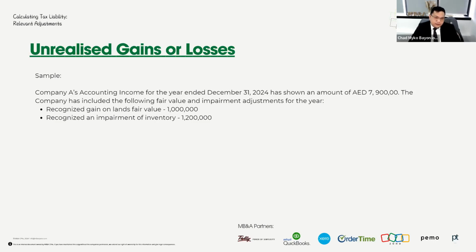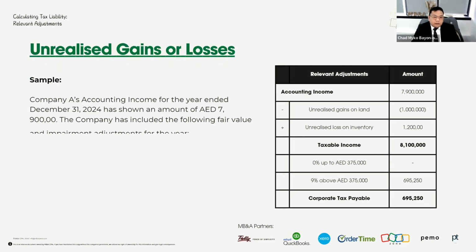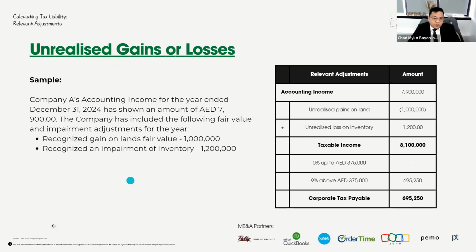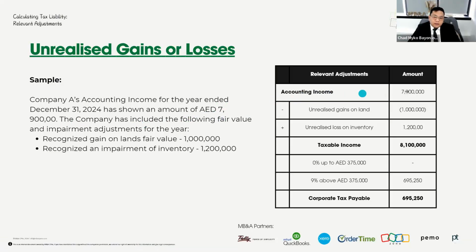In this case, let's use the two-step approach. The first determination is your accounting income, which shows 7,900,000, so you reflect 7,900,000 as your accounting income for the year. After that, you need to adjust.